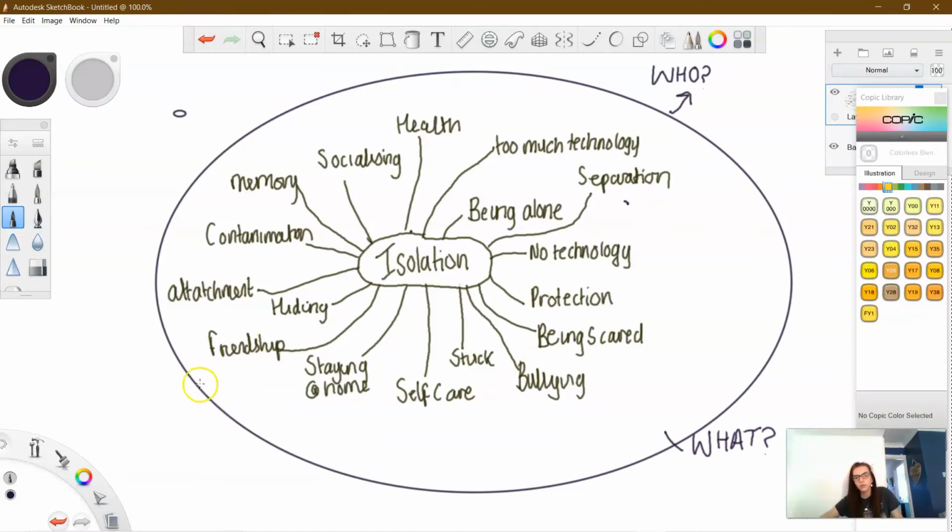You could also consider where these problems might exist. You could also consider why we would need to solve some of these problems.